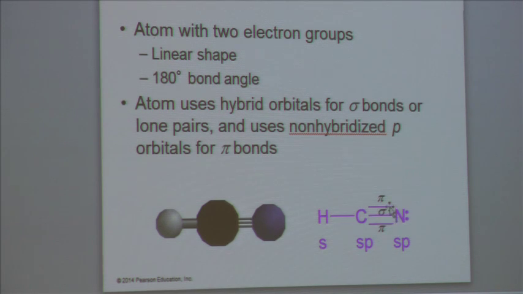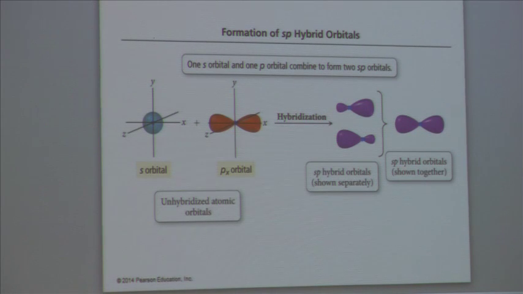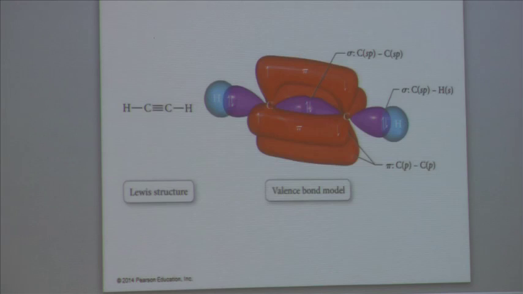So you have a triple bond, 1, 2, 3: two pi bonds and a sigma bond. So how does the sp orbital form? You take an s orbital with a px and hybridize them to form the sp orbital. And acetylene is an example of a triple bond, with a sigma bond in the middle and 2 pi bonds, one above and one below.